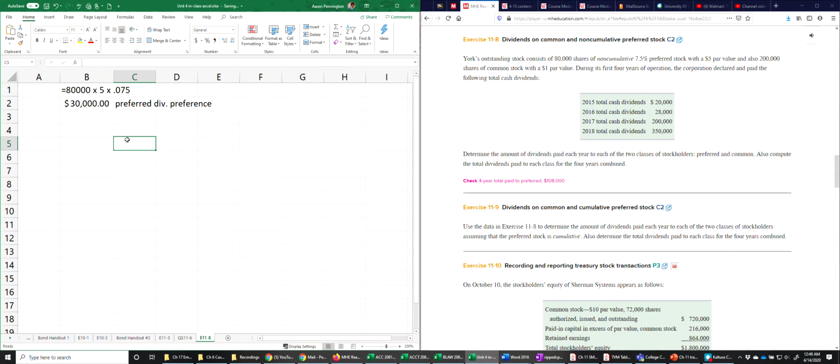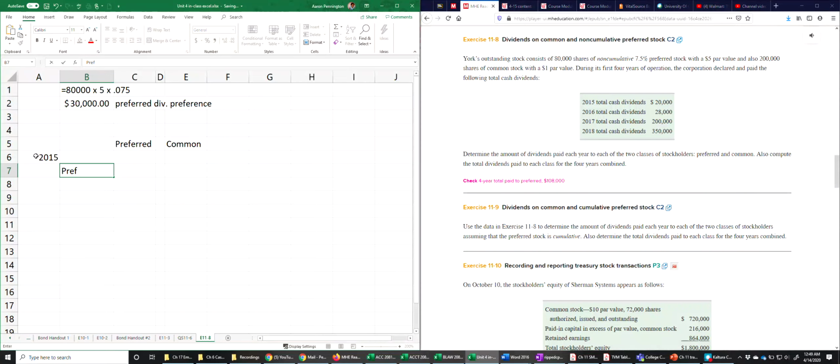Preferred and common. It starts with 2015. There are 20,000 in dividends paid, and all of that goes to preferred stock shareholders.